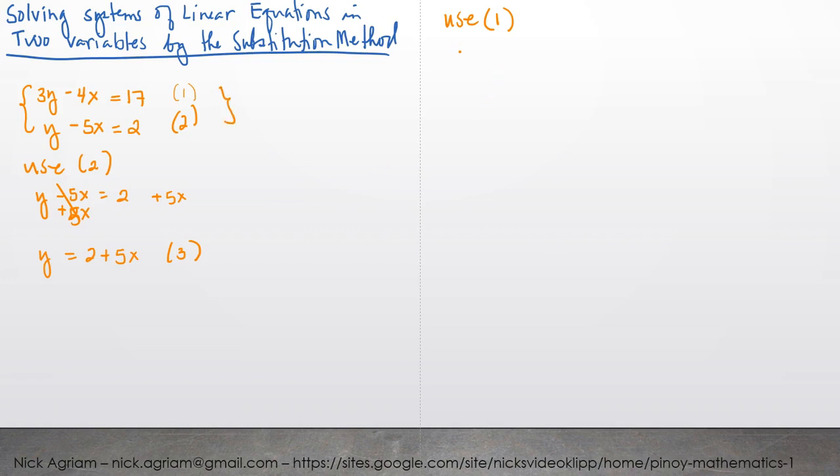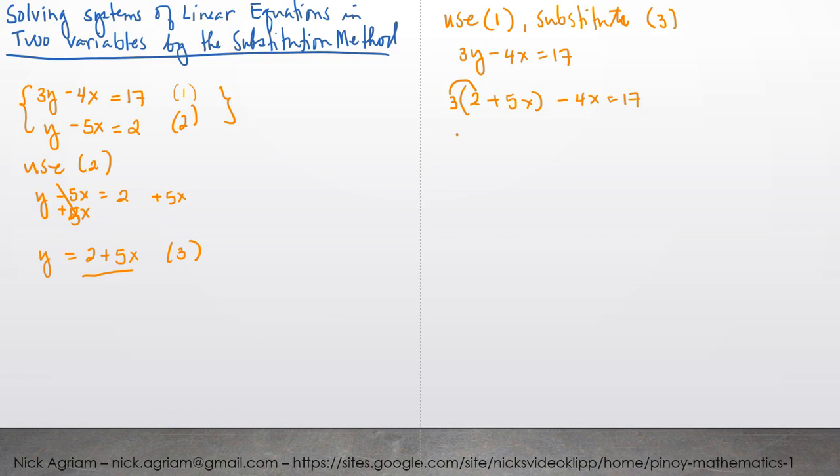So I have 3y minus 4x is equal to 17. Now what I'm going to do is substitute 3. Y has this value, so I'm going to use that: 3 times 2 plus 5x, minus 4x is equal to 17.